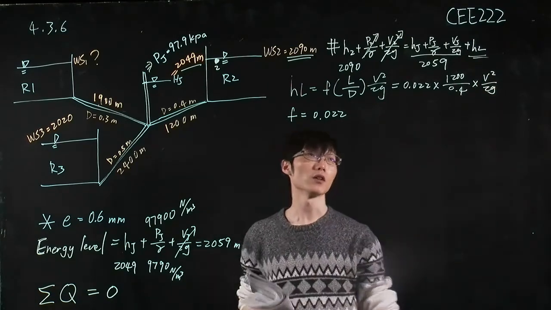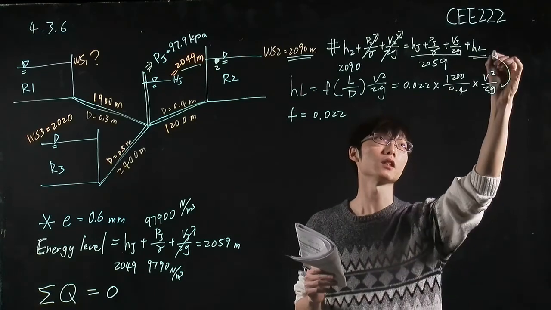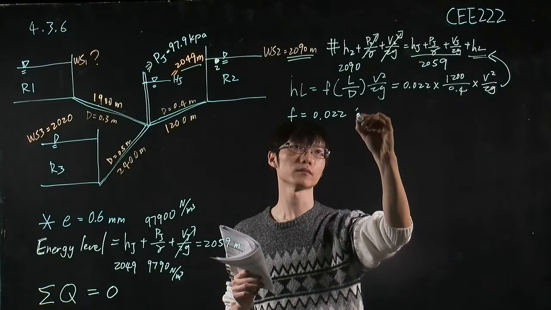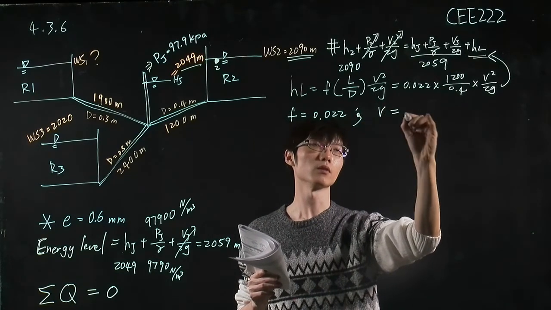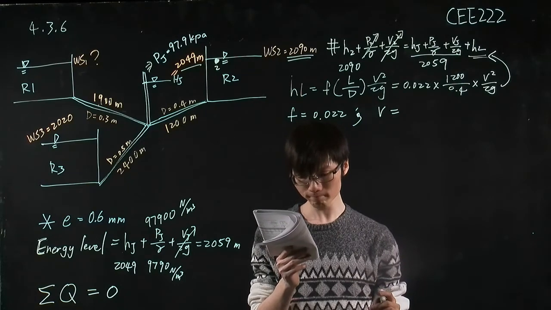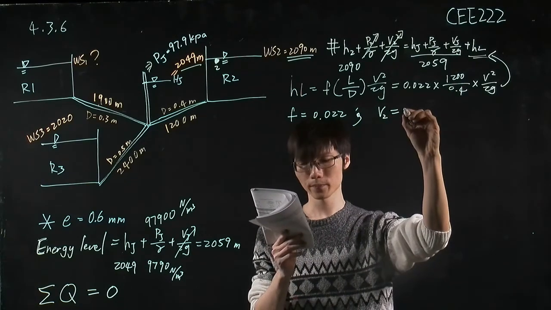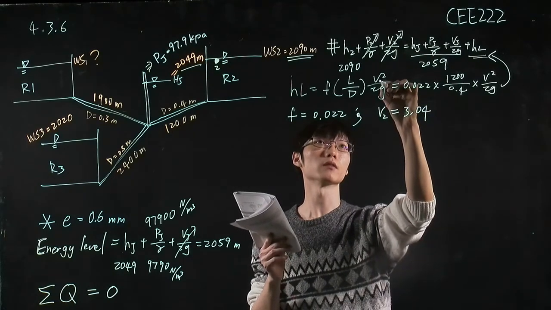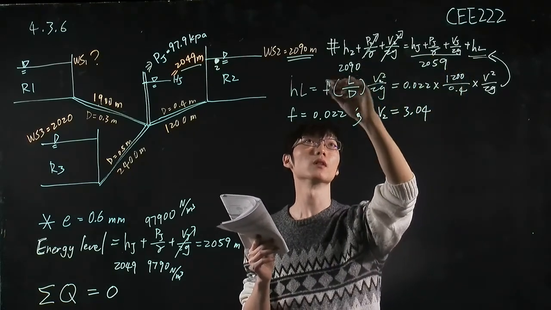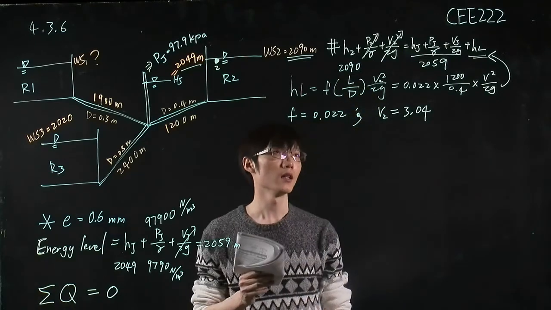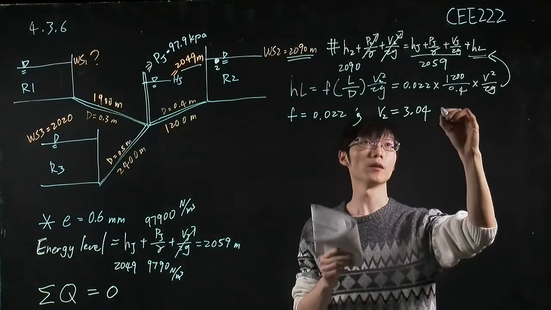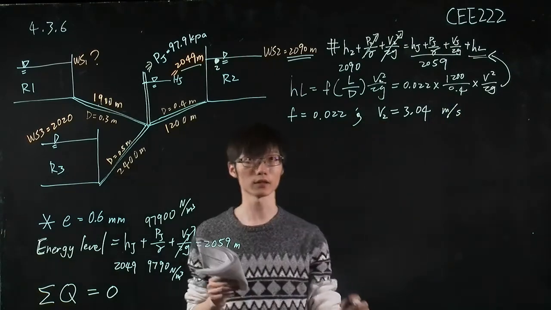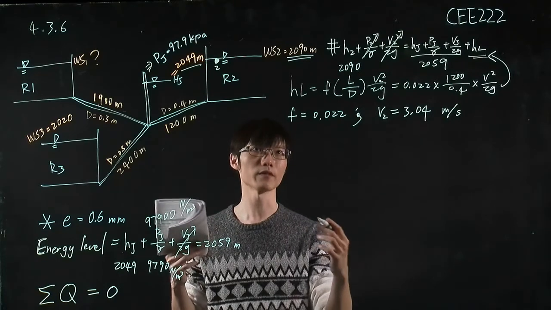Okay, so you plug this head loss into this equation, then you can solve the V, which will equal 3.04 meter per second. This is V2.